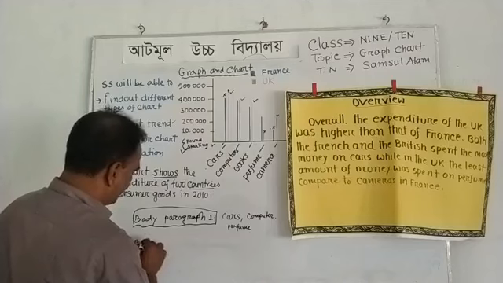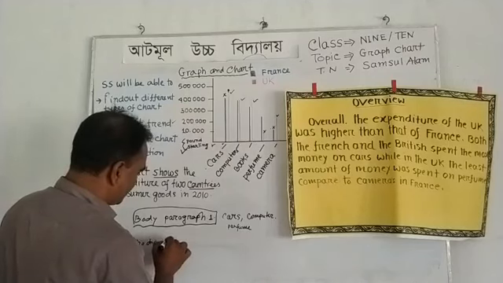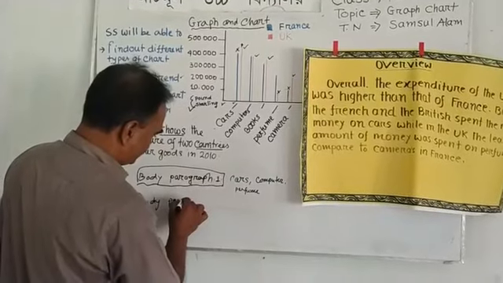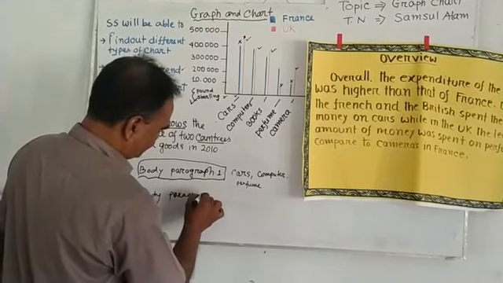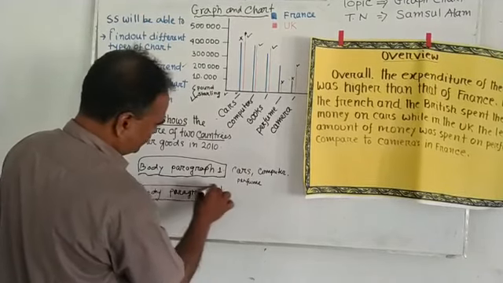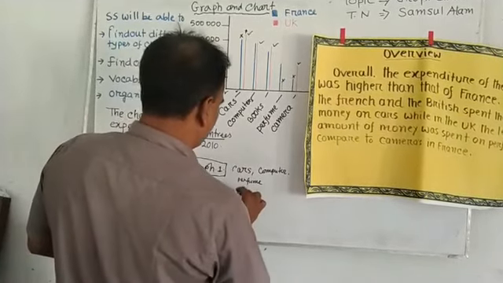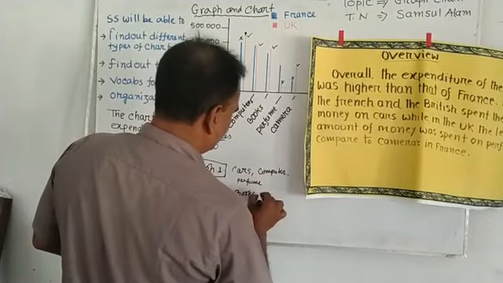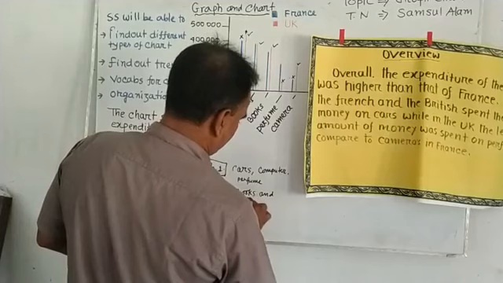And in body paragraph 2, we will describe another 2 categories: books and cameras.